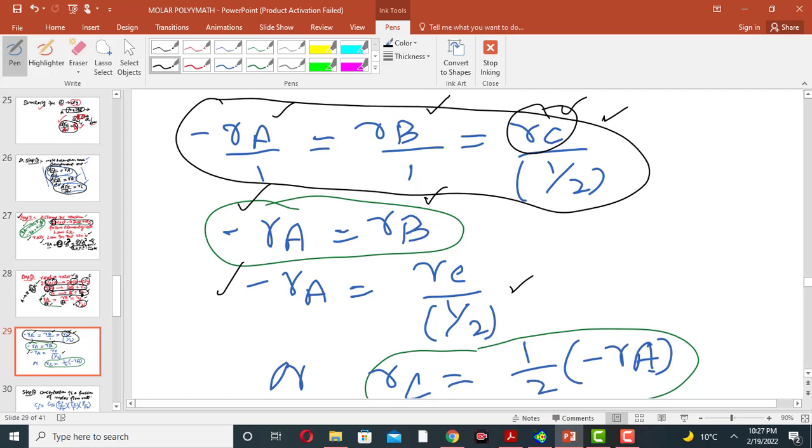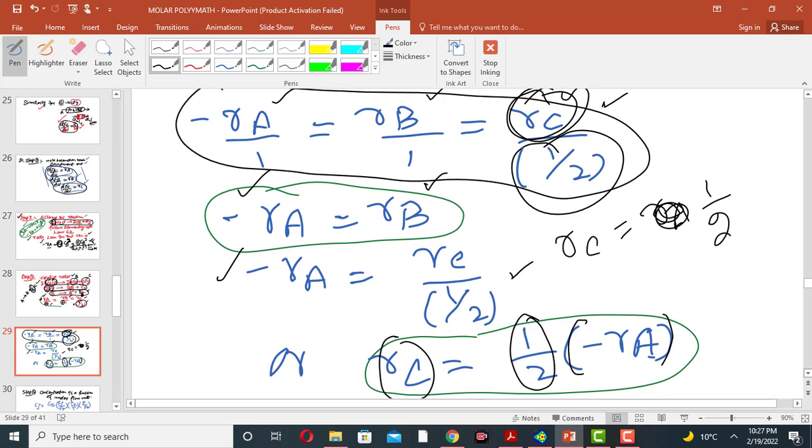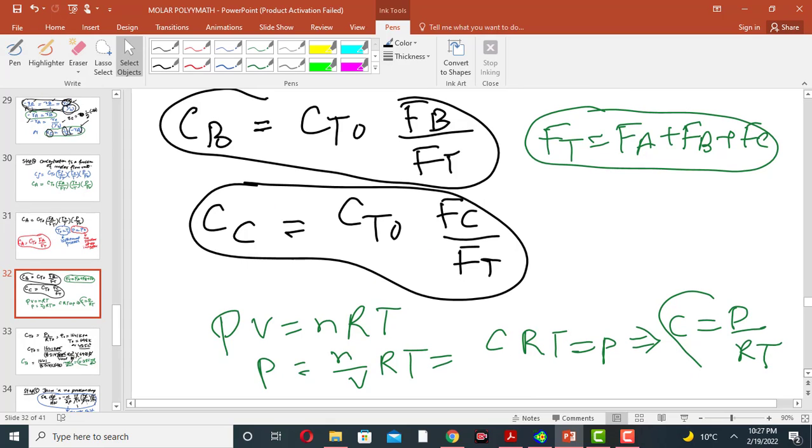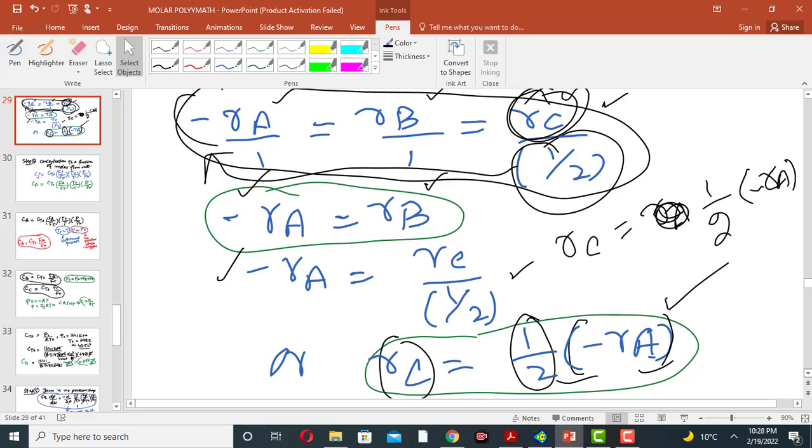So Rc is equal to half into minus Ra. This was our third step.